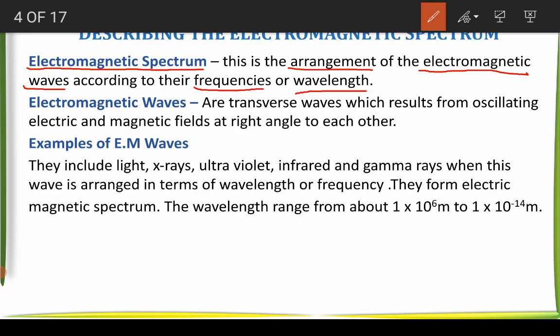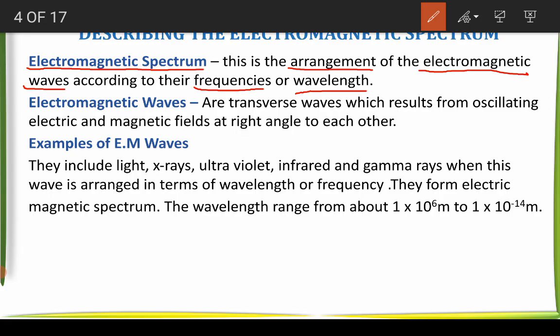From your Form 3 physics, you do recall what frequency is. Frequency is simply the number of complete cycles made per second, or per unit time, where the time is in seconds. So the number of complete cycles or complete oscillations per second is called frequency.